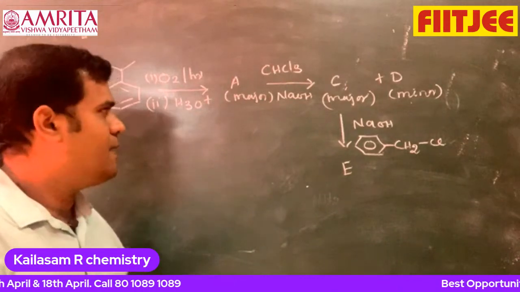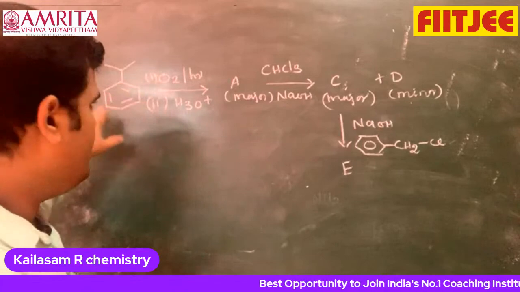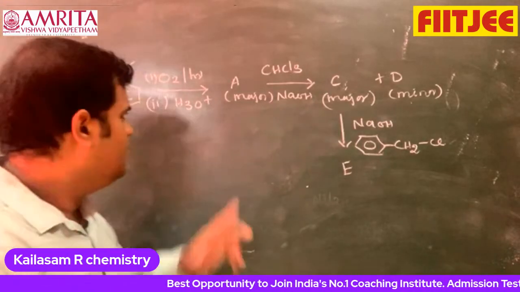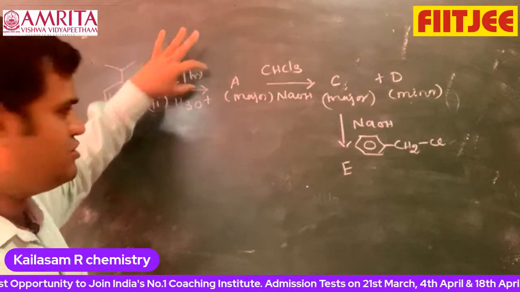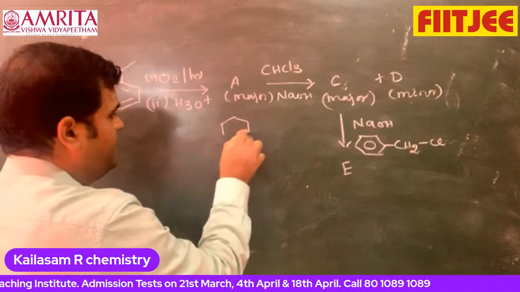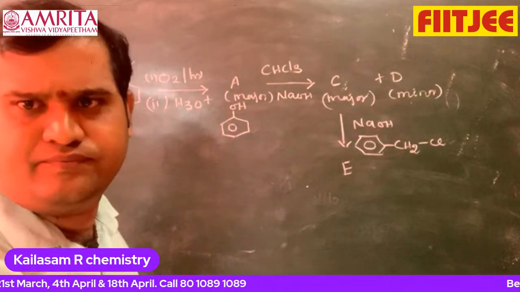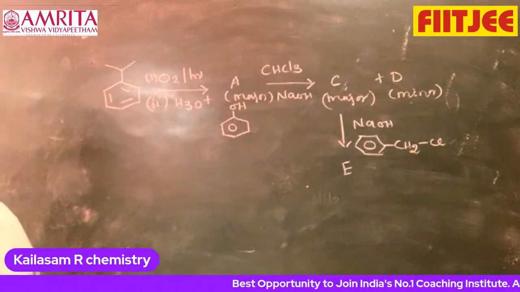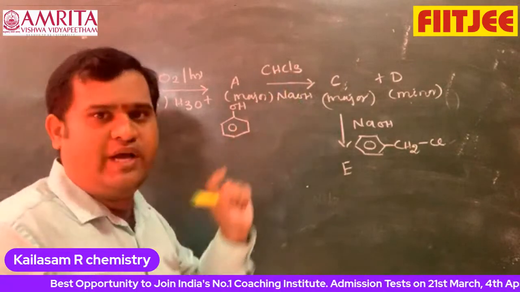I can write options as they ask in the exam. We know that this is cumene. When cumene is in the presence of oxygen and light, it forms cumene hydroperoxide, then H3O plus. What is going to form? A is phenol. Now, this is phenol. Now CHCl3, NaOH.